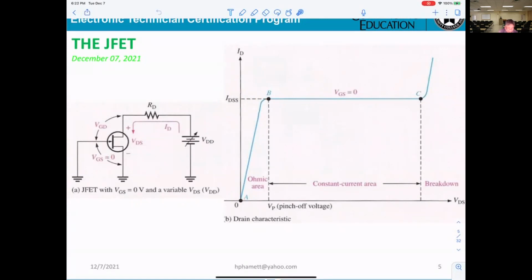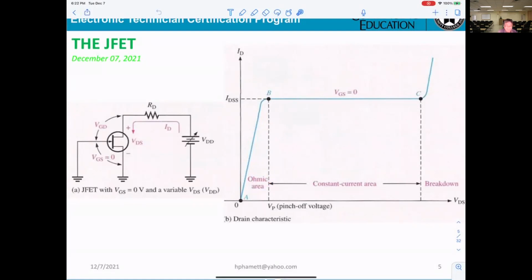So this is the ID as the VDS changes up to this point. Then in the area here, the JFET will be used as a resistance, the ohmic area.